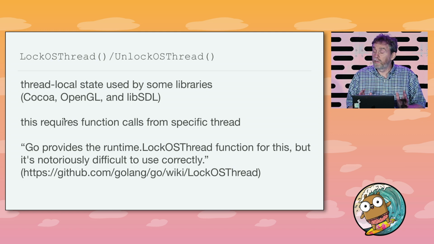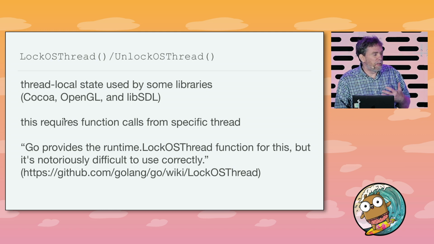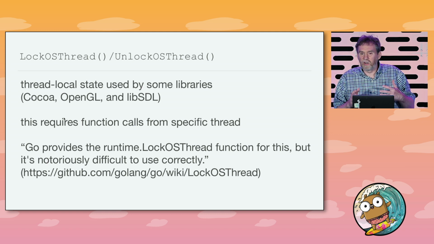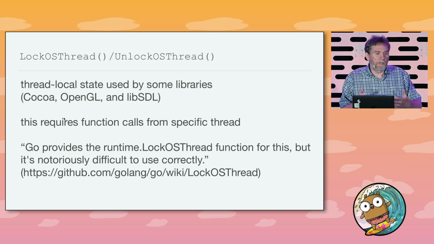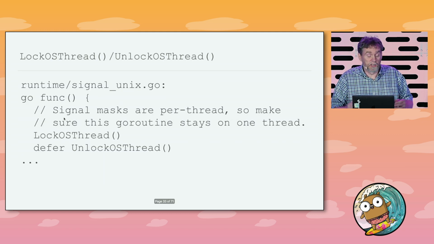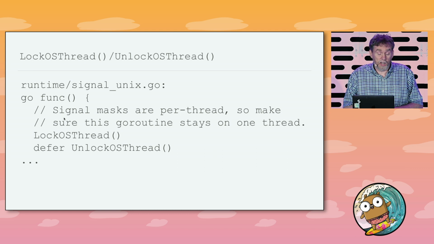It really needs to be used sometimes. And the second aspect is somehow the thought that this is a bit mysterious and strange, and better not use this if you don't have to, better left to the experts, something like that. There's some kind of thought there. Here's another example where it's used, in signal handling. In the standard library, it has to ensure that that goroutine is on the same thread, or else the signals aren't handled correctly.